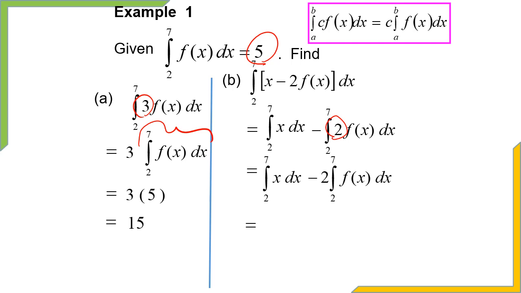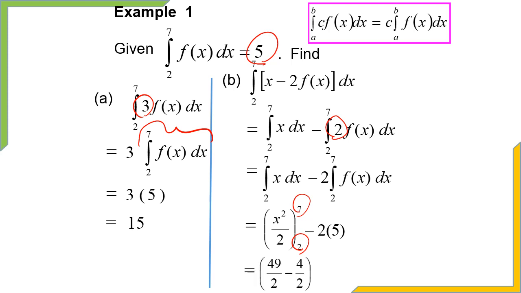And then integrate x, so we get x squared over 2, and then substitute the values 2 and 7. When you substitute 7, you subtract what you get when you substitute x equal to 2. And on the right side, we know the integration of f(x) with respect to x from 2 to 7 is equal to 5, so 2 multiplied by 5.